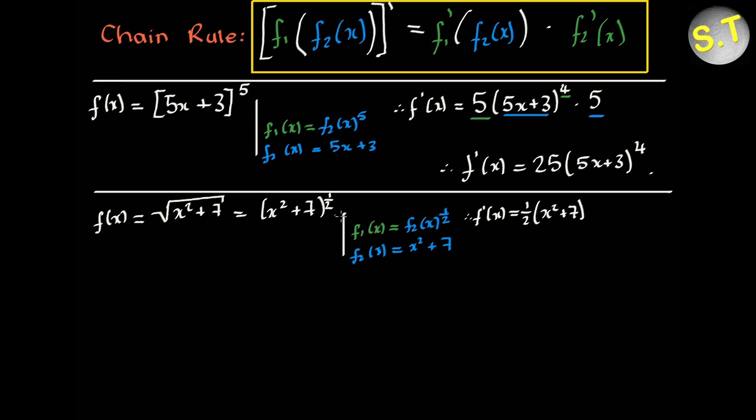Then we reduce the power by 1, so that'll be minus 1/2, and then we times by the derivative of what's inside the brackets, times by 2x, which simplifies down quite simply to x times by x squared plus 7 to the minus 1/2 power, which is exactly the same thing as x divided by the square root of x squared plus 7.